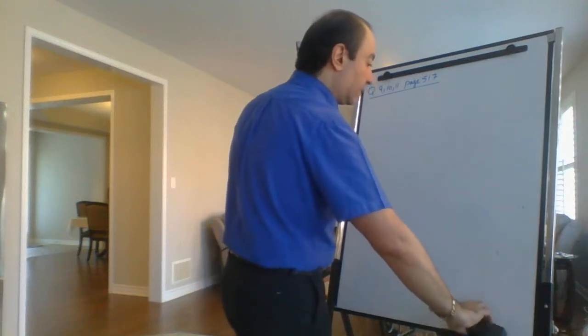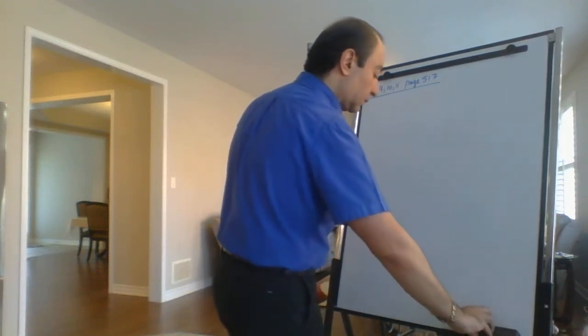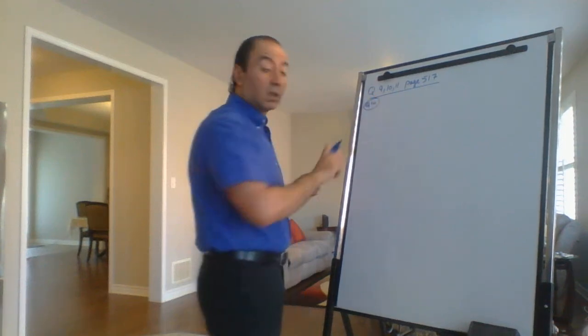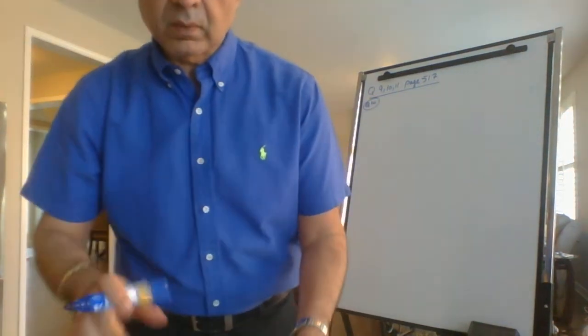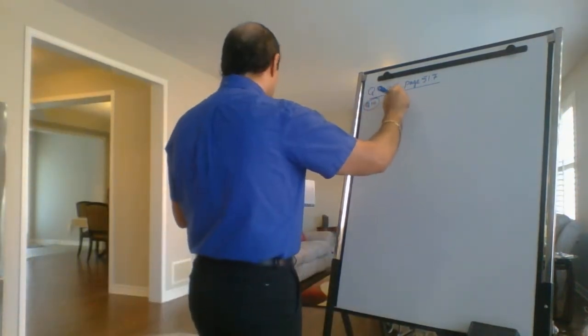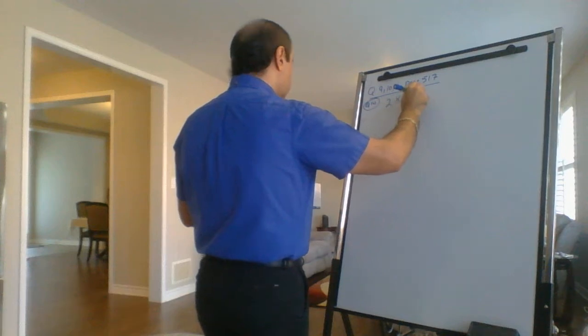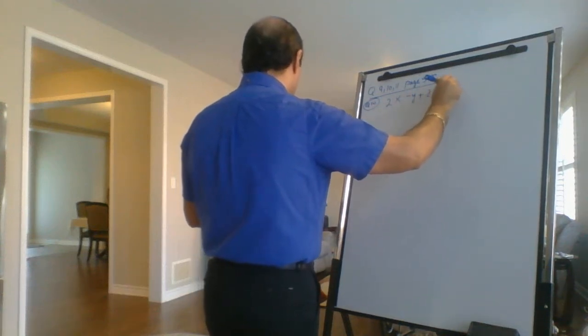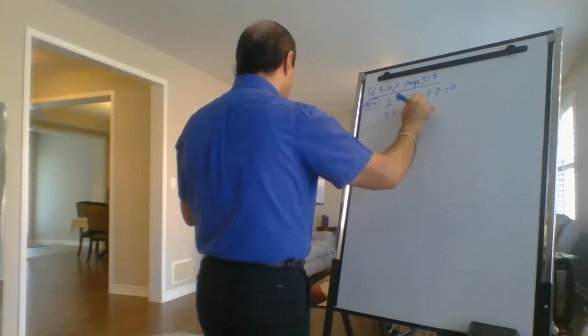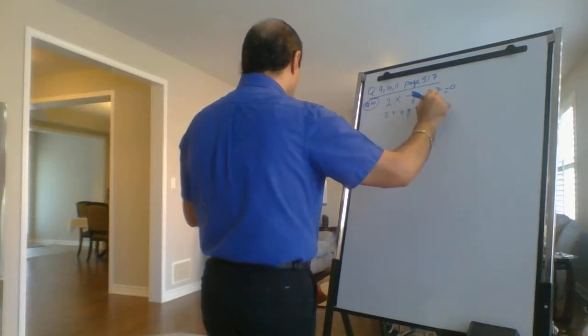Question 10. For the plane, we have an equation of a plane 2x minus y plus 2z equals 0, and another one is 2x plus y plus 6z equals 4.